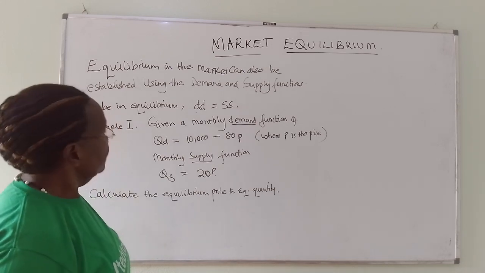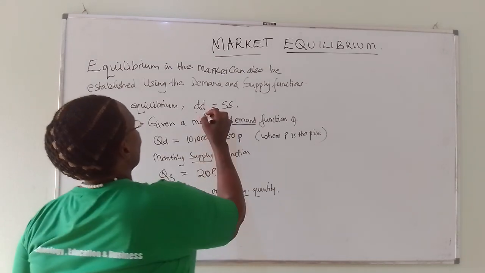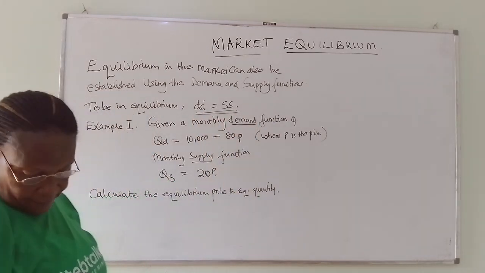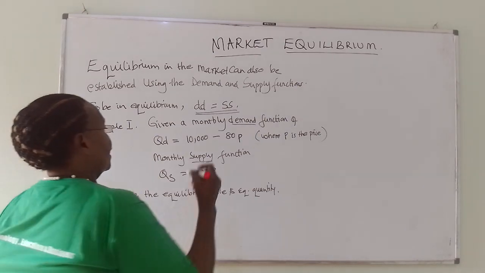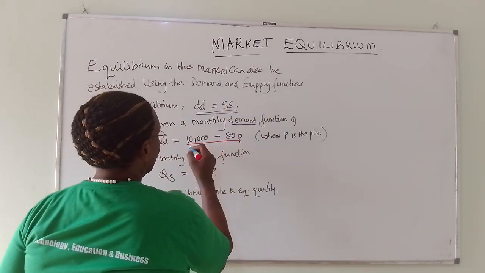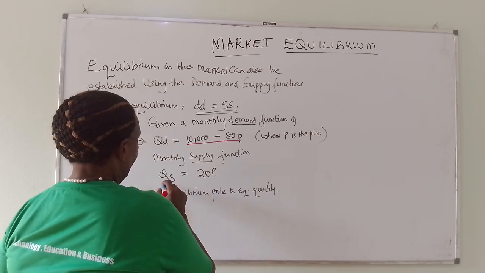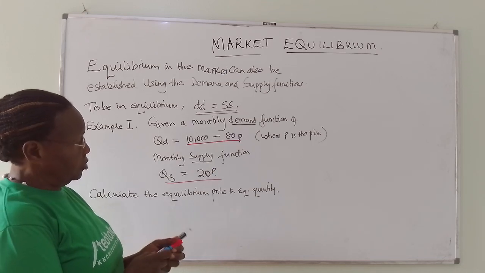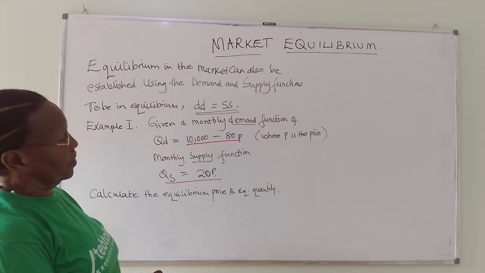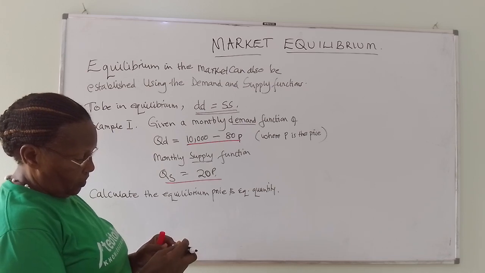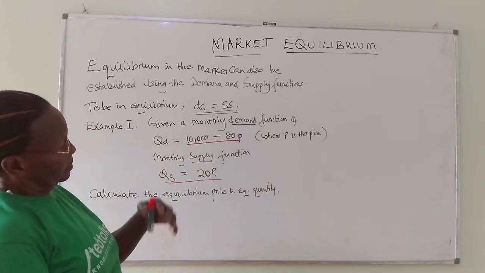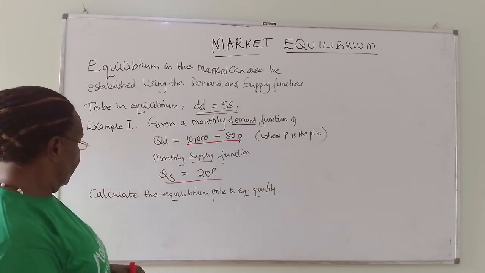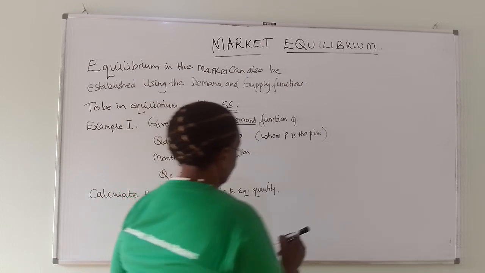It is quite easy. We have to know that whenever we are in equilibrium, demand should be equal to supply. Demand has been given, and this is the amount which is demanded. Supply has also been given, that is the quantity which is supplied. So we need to equate the two so that we are able to find the unknown, which in this case is the price. After getting the price, we substitute into our formulas and we get both the equilibrium price and equilibrium quantity.